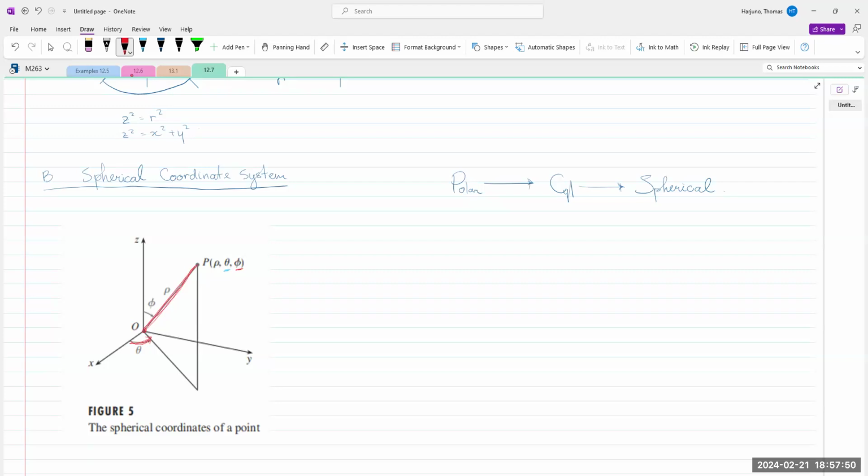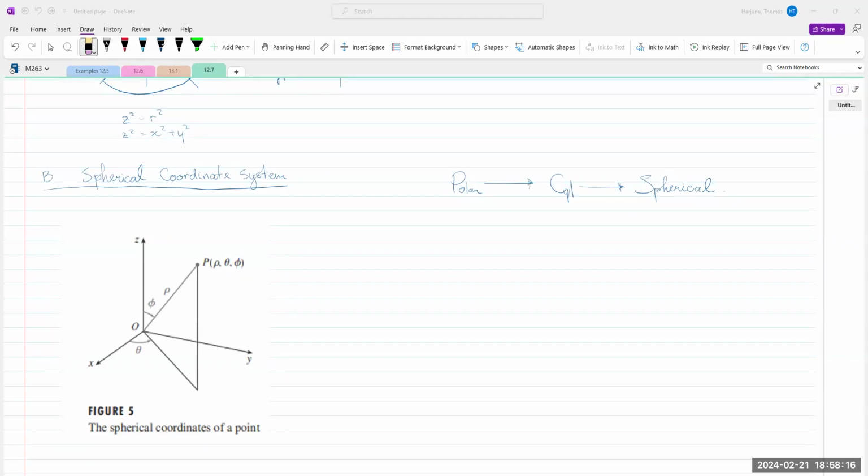Now, from that figure, I hope we can derive some important formulas. Give me a second. My children are too loud, sorry.